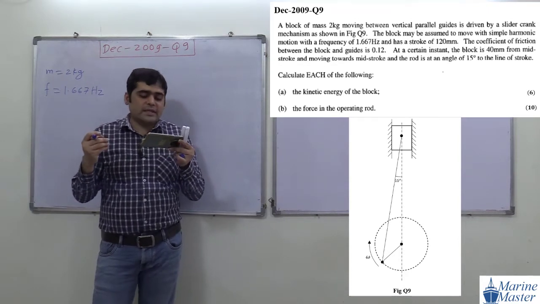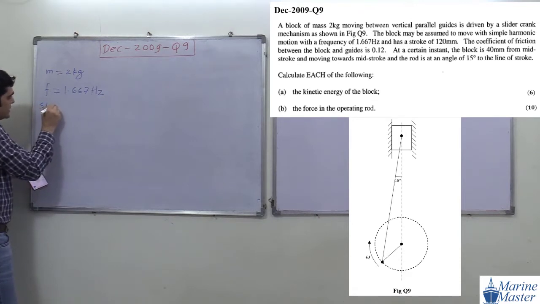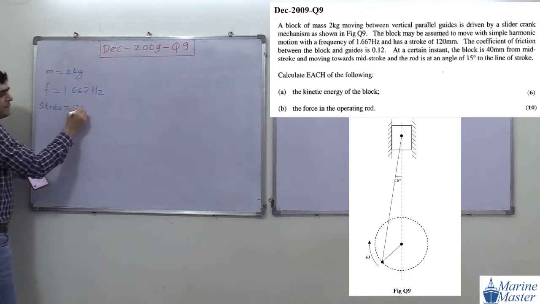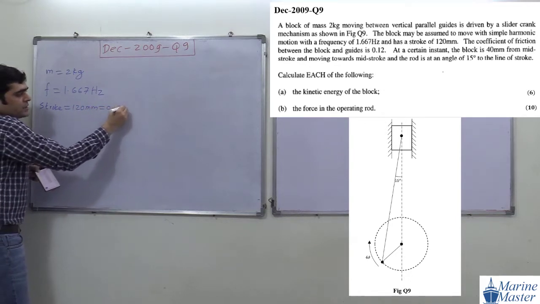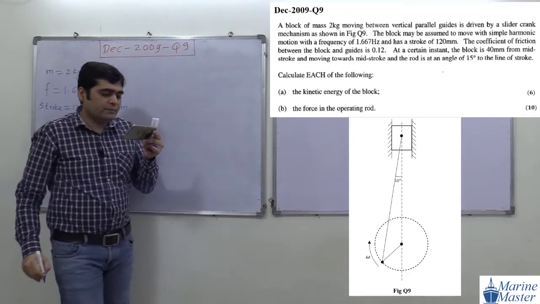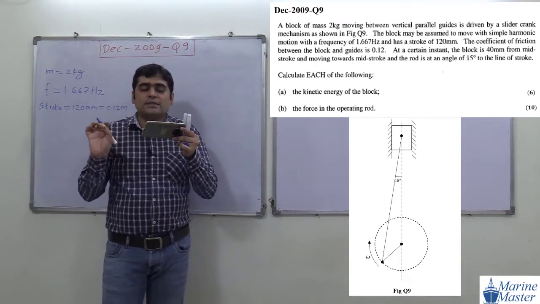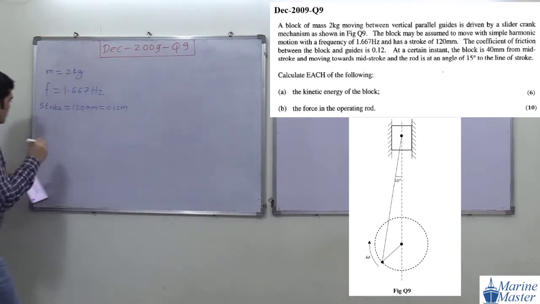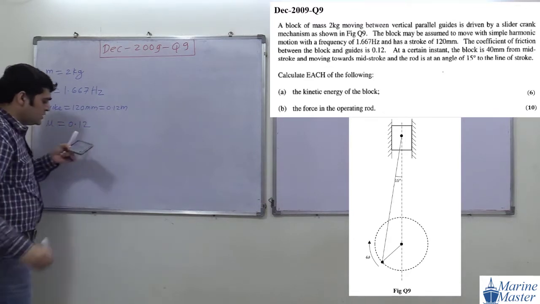Then stroke is 120 mm. But mm is not our favorite, we have to convert it into meter, so 0.12 meter. The coefficient of friction between the block and guides is 0.12. So mu is equal to 0.12.